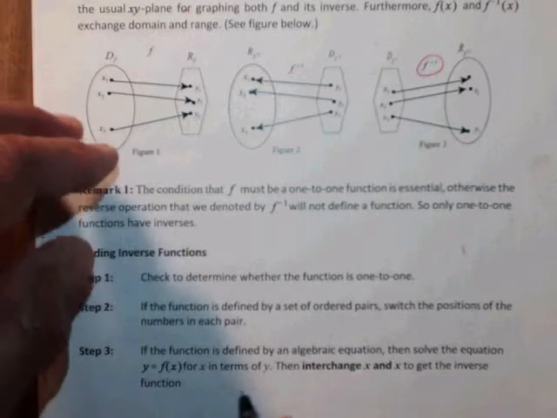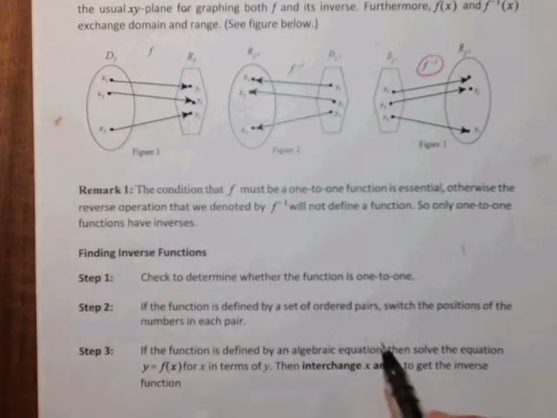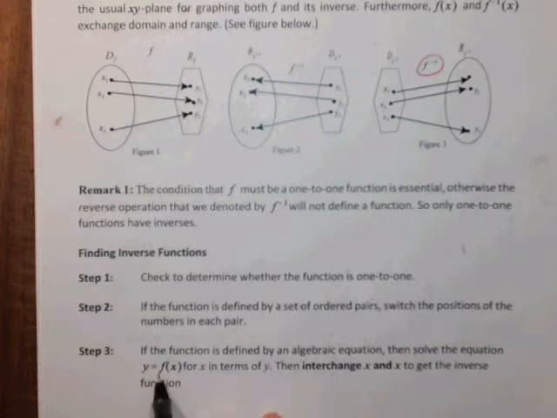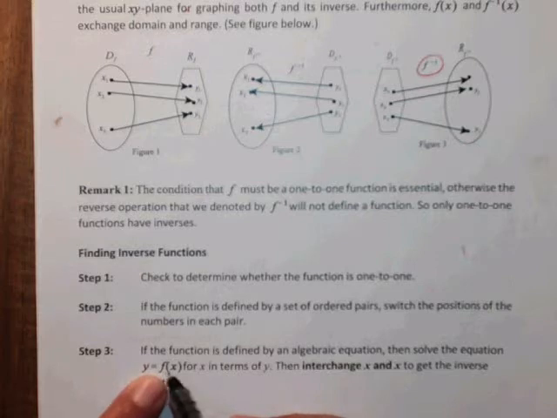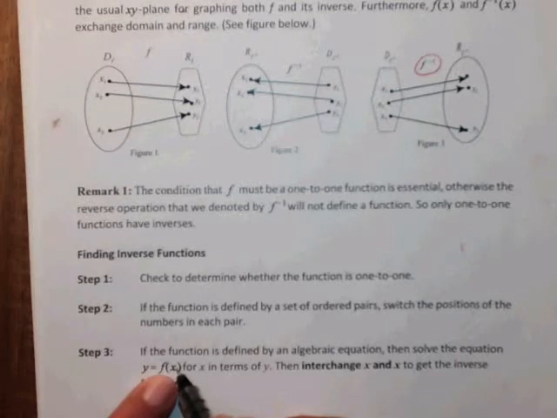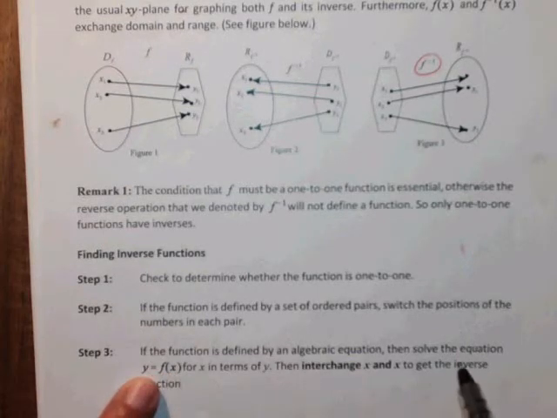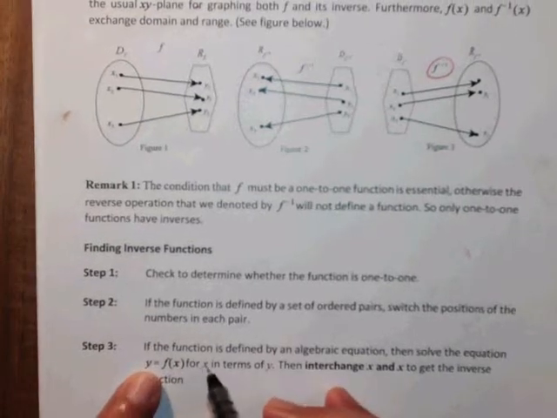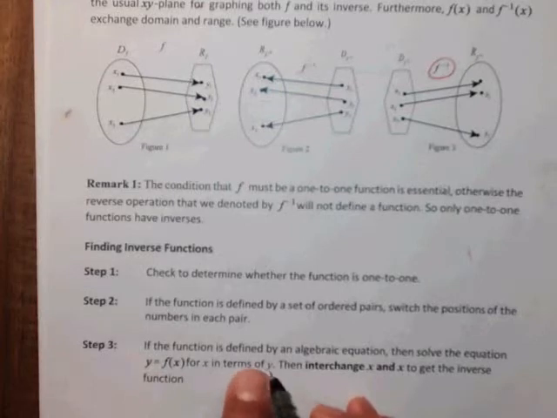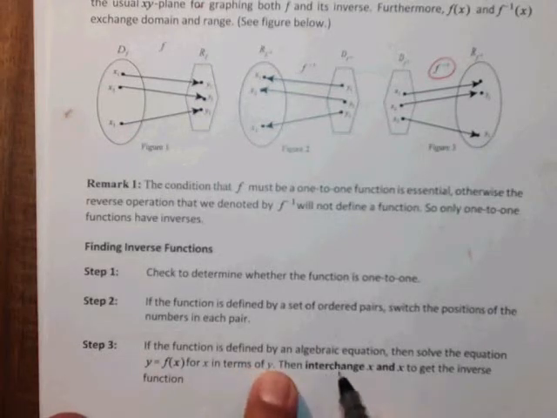Now if the function is given by an algebraic equation, then to find the inverse, we start by writing y equal to f of x. Then I want x to be the output, so I solve this equation for x in terms of y. After you solve it, you change x to y and y to x.